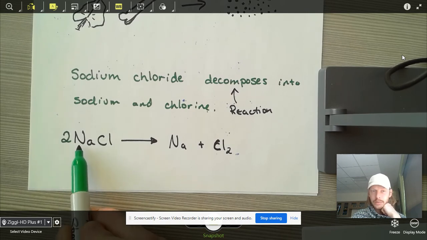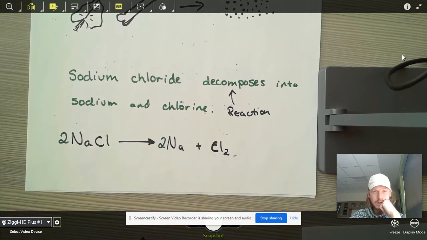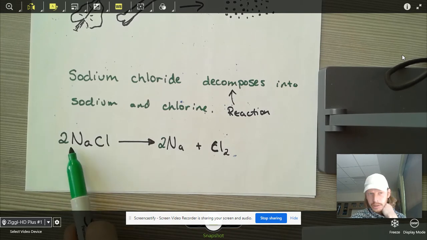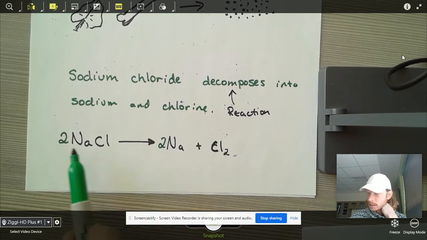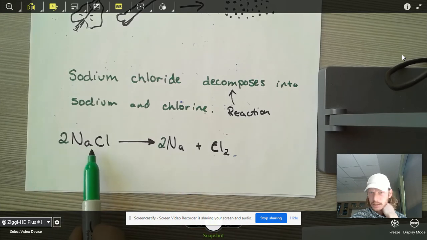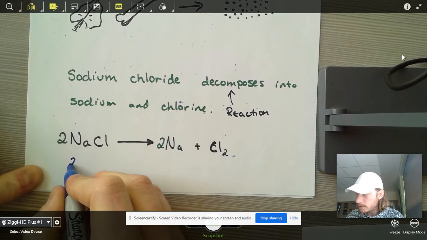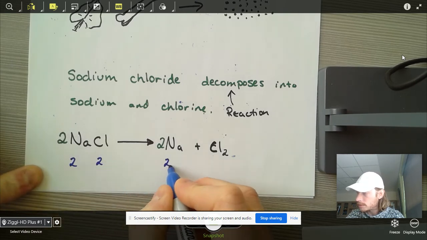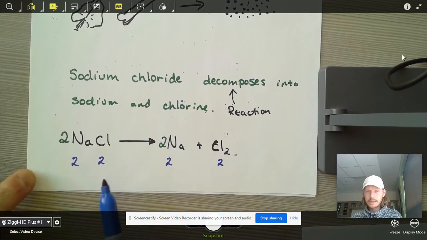So now we have two sodium, and we need two groups of sodium on this side. I think I'm done. Let me go through again to make sure. I have two groups of sodium, good. Two groups of chlorine, and chlorine looks good. I'm just going to write down the number that I have of each: 2 and 2 and 2 and 2. So everything is balanced on both sides.